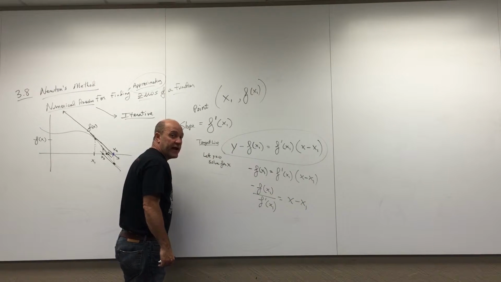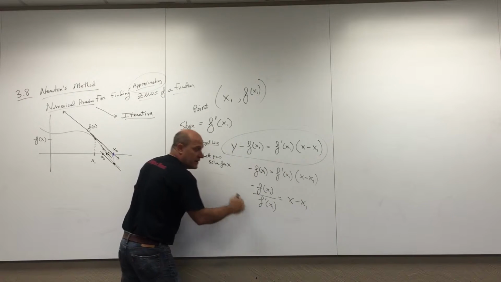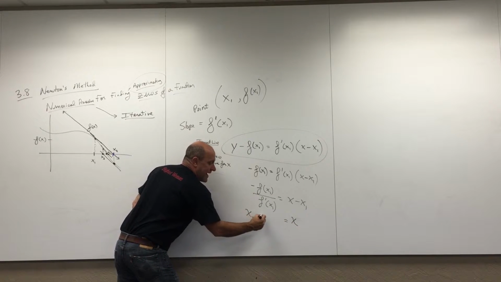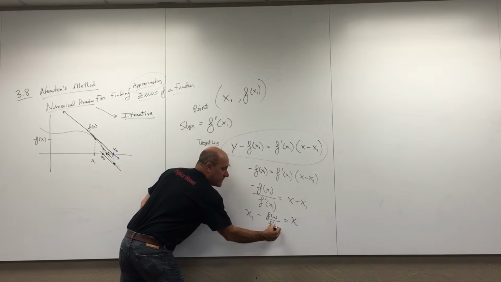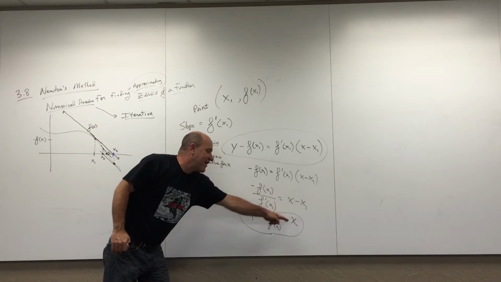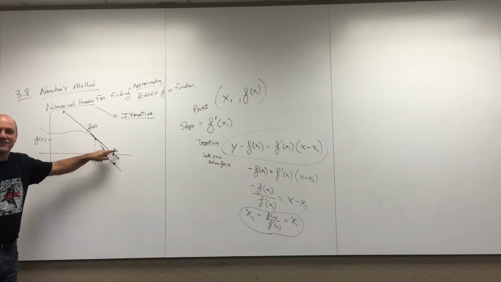So I think I'll add x1 over here to this side. So here's my x. It's x1 minus f of x1 over f prime of x1. And I don't know if you remember, but what did I call that x? Once I found that x-intercept, I called it x2.